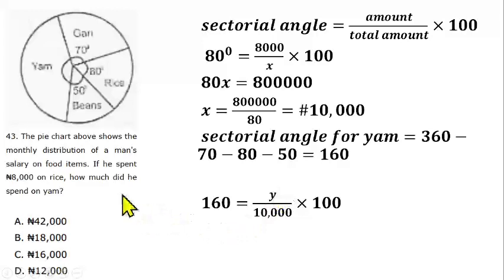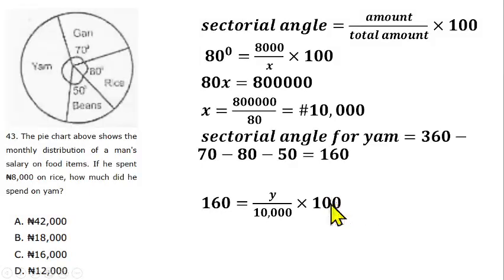So the sectorial angle for yam, which is 160, equals the amount spent on yam over the total amount, which is what you will get here when you simplify it yourself by using 360 instead of 100. Whatever you get here will be multiplied by 360 as well.